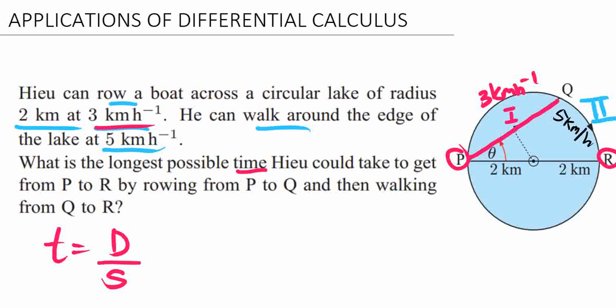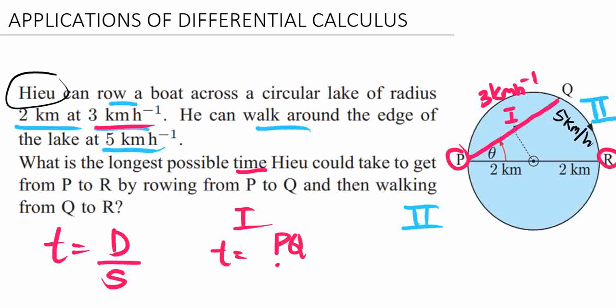So let's split this journey into two, the first and the second. For the first one, the time will be the distance PQ over the speed, which is 3.